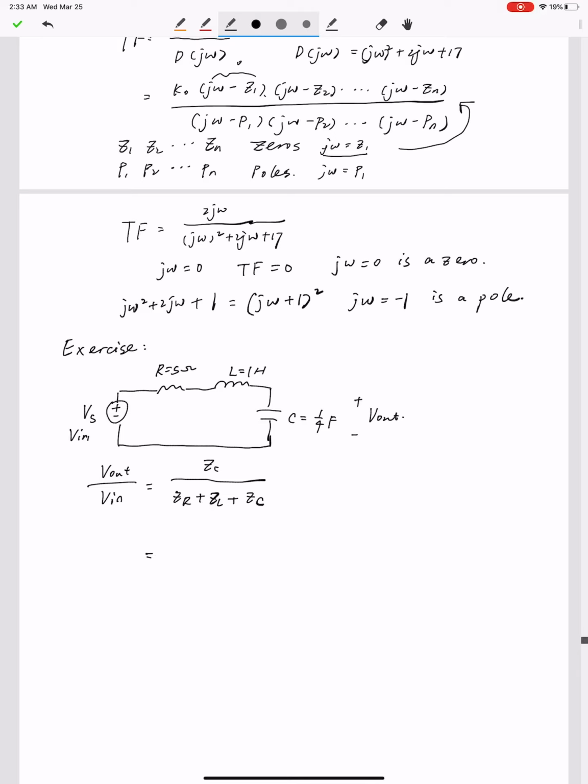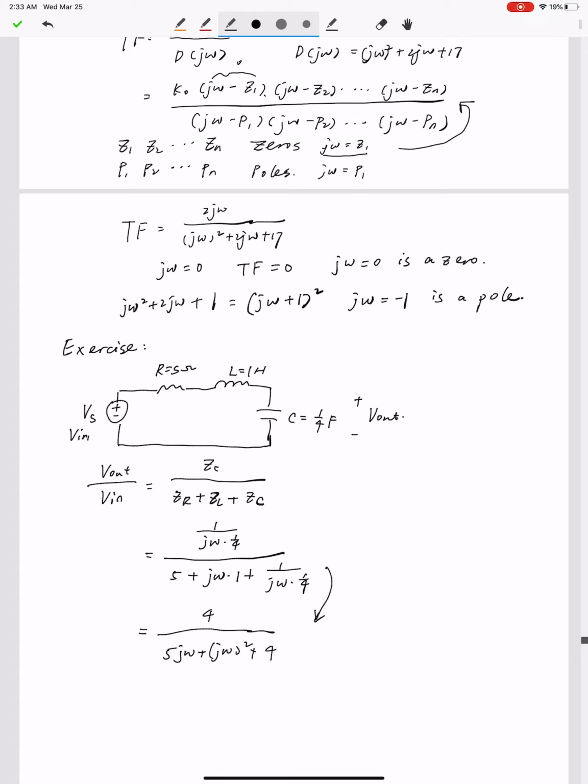The impedance of the capacitor is 1/j omega times 1/4, and the impedance of the resistor is 5 ohms, plus j omega times 1, plus 1/j omega times 1/4. And again, we can multiply j omega on both sides, and that becomes 4 divided by 5 j omega plus j omega squared plus 4. From here to here, what I did is multiply j omega on both sides of this function.